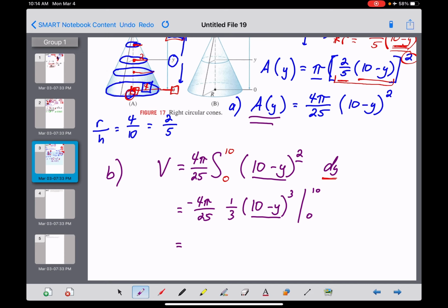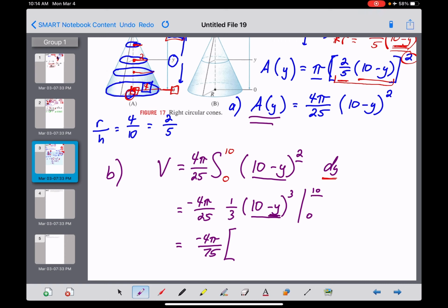Now, you might be a little concerned about the fact that I just put a negative out in front of this whole thing. That kind of suggests that the answer is going to be negative, but I have a feeling this is going to work out okay. All right, nothing really simplifies out in front, so this is still a -4 pi over 75, but now in brackets here, I'm going to put the 10 in first.